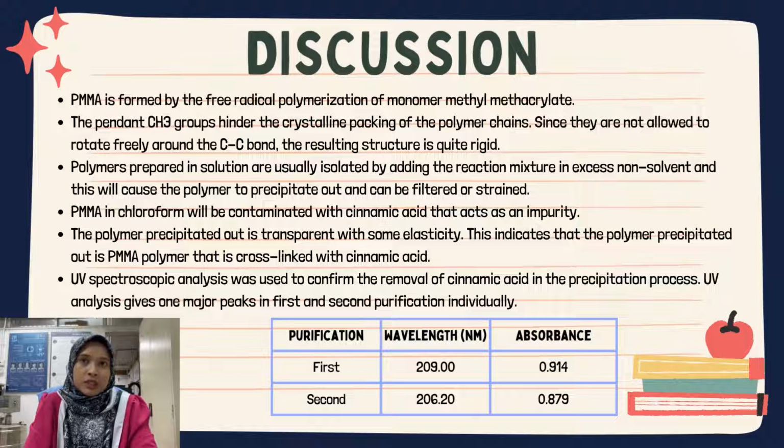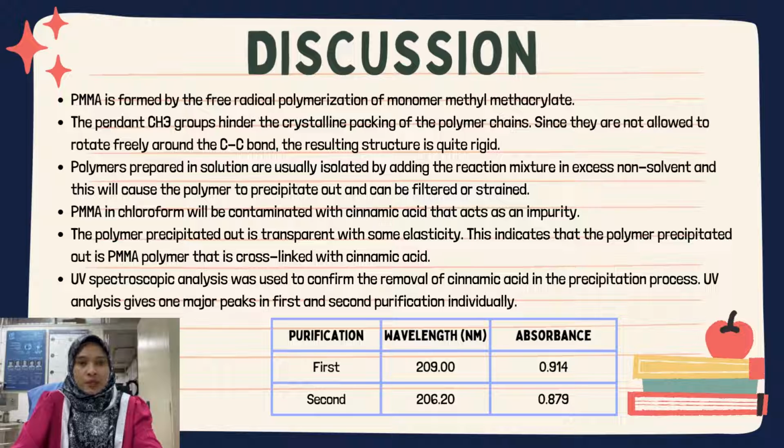The polymer solution must be dropped twice into the methanol to get more and better precipitation. Extra methanol can then be used for better precipitation. The polymer precipitated out is transparent with some elasticity. This indicates that the polymer precipitated out is PMMA polymer that is cross-linked with the cinnamic acid.